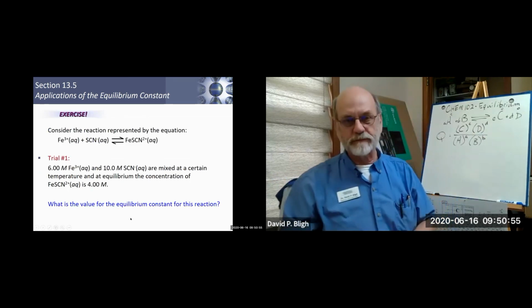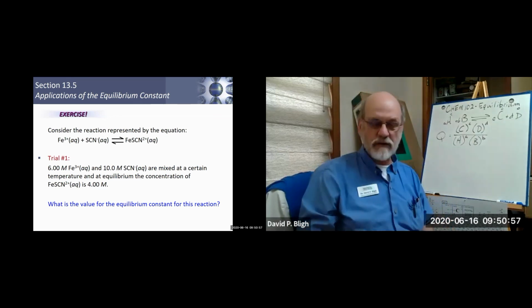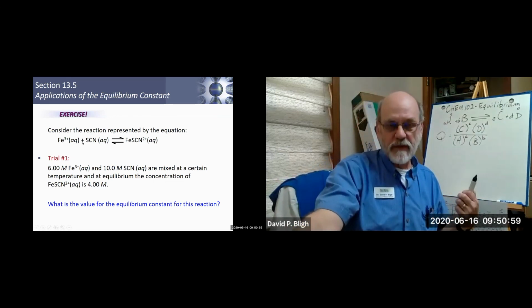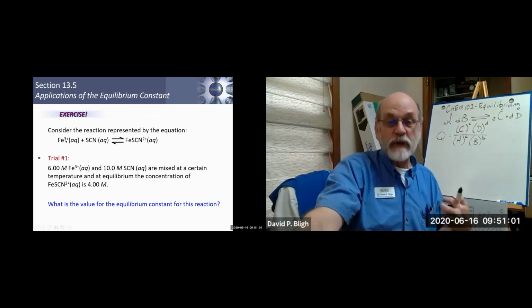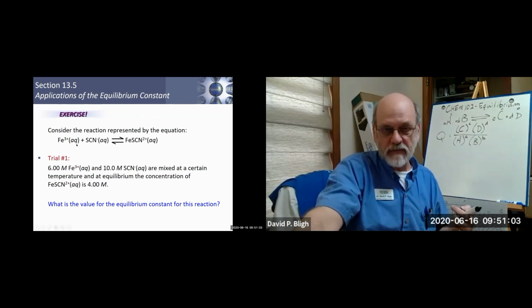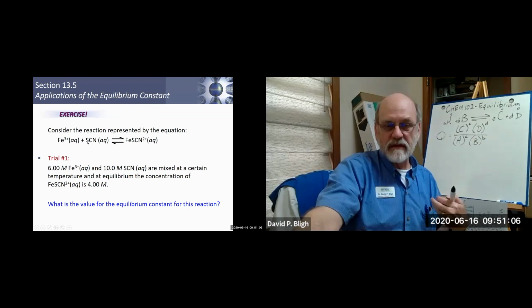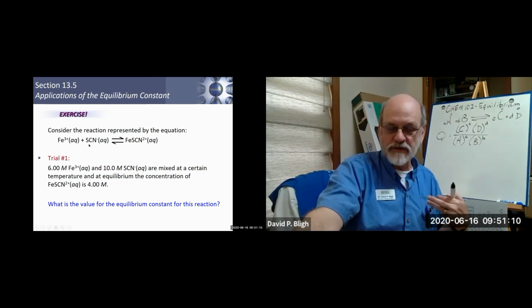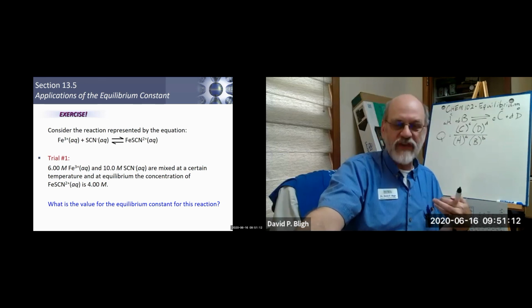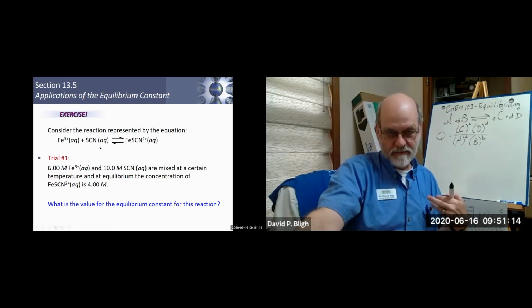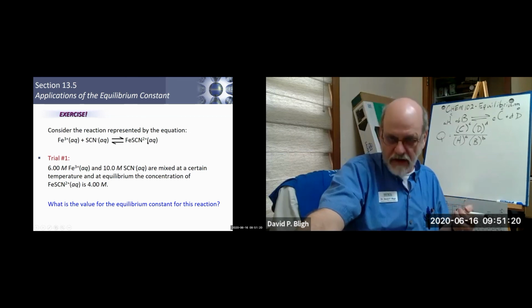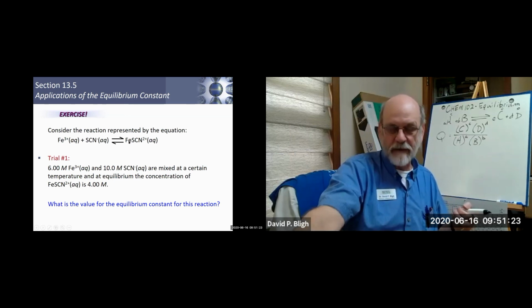Here's an example of a reaction of the ferric, or the iron 3+ ion in solution, with the SCN- ion, which is thiocyanate ion. And they combine to form this complex, right?